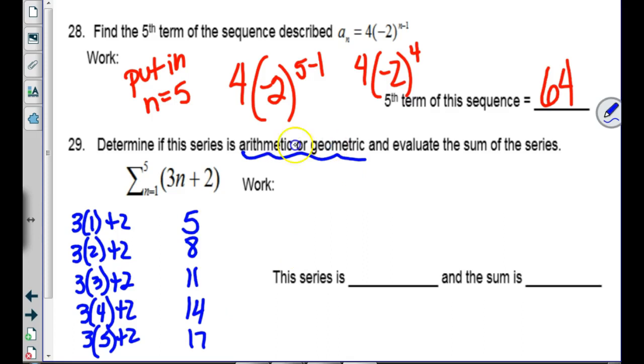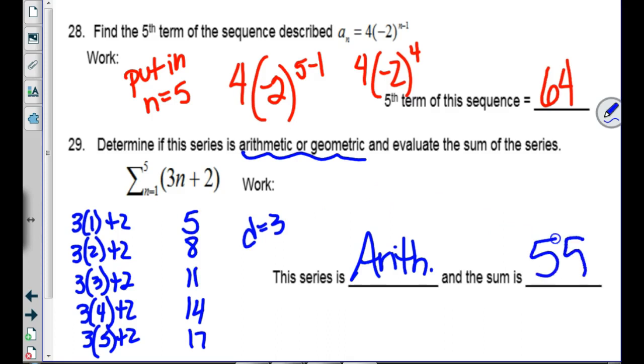So it is arithmetic or geometric? Common difference of 3. The sum is what you get when you add them all up, 31, or you could use the summation function on your calculator. 13, 30, 40, 55, anybody?